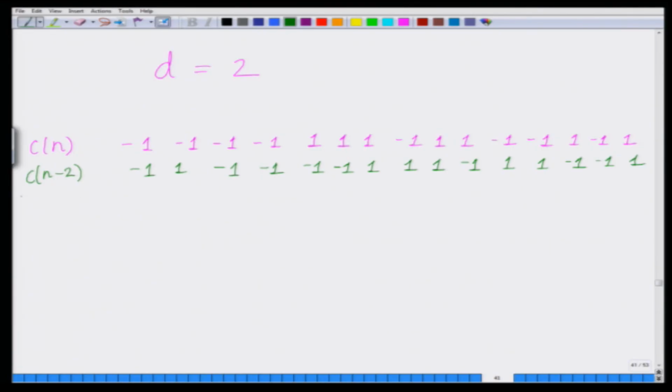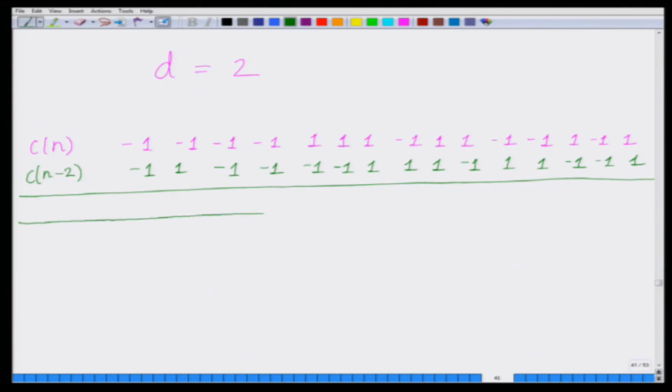So, I have the circularly shifted sequence. Now, I have to take the element wise multiplication and take the sum, which is going to be minus 1 into minus 1 is plus 1, plus minus 1 into 1 is minus 1.